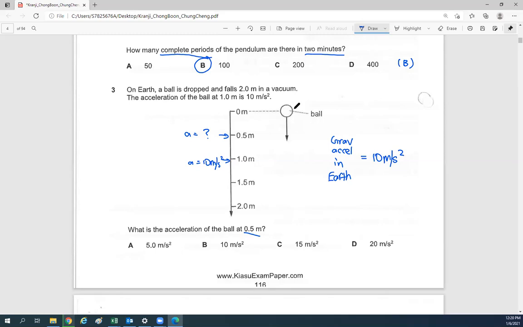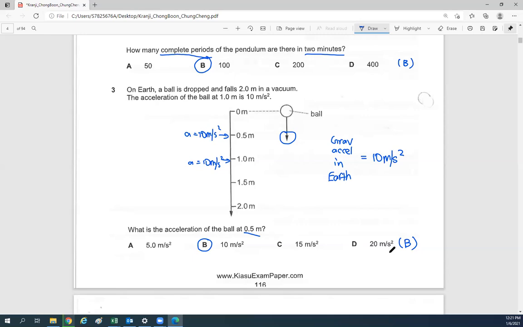The ball could be here, the acceleration is 10. If the ball is here, the acceleration is still 10 meters per second squared. So there's nothing to calculate. You just need to know that acceleration on Earth is always 10 meters per second squared.